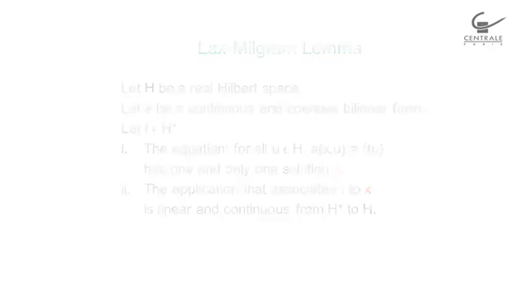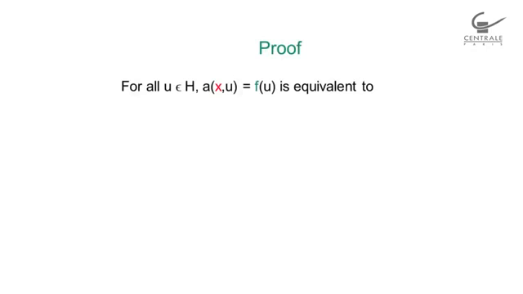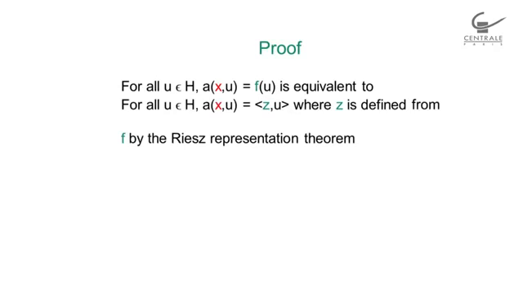Why is that so? Well, because if you choose u in H, then a(x, u) equals f(u) is really equivalent to a(x, u) equals (z, u), because z is defined from the Riesz representation theorem. You know that f(u), f, can be identified to an element of the space, right?